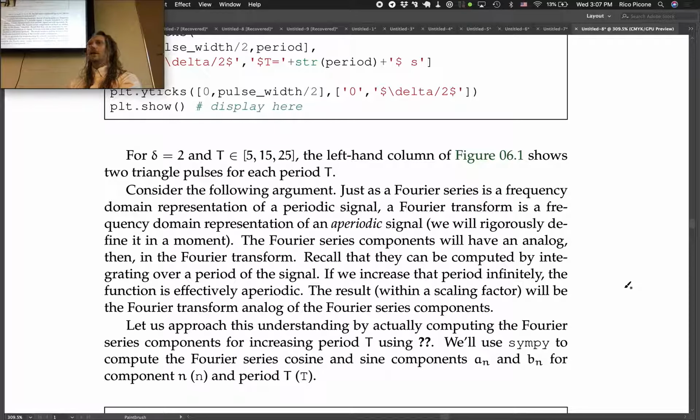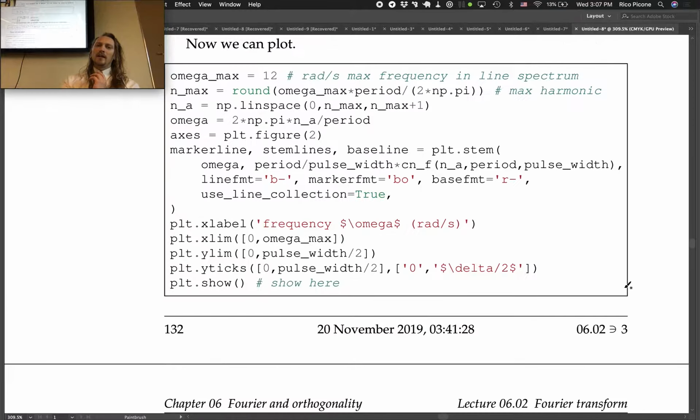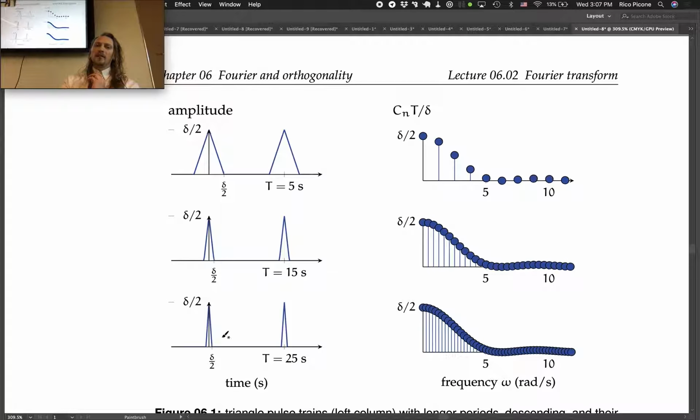Okay, so we say this triangle pulse happens at 0, and then the next time it happens, we take that out further and further. So you see how in the plot, we're zooming out and it's at 25 seconds. Say you went to 25,000 seconds, 25 million seconds, and take it out to infinity.